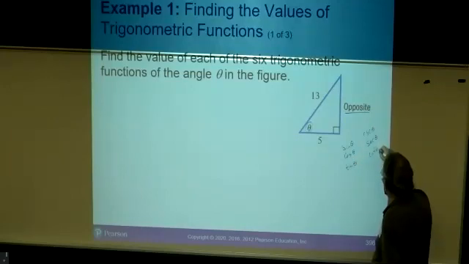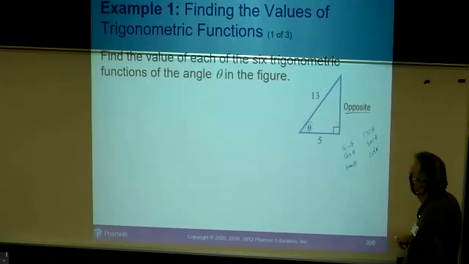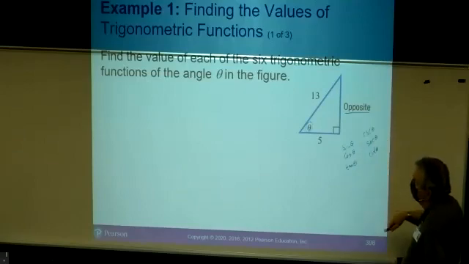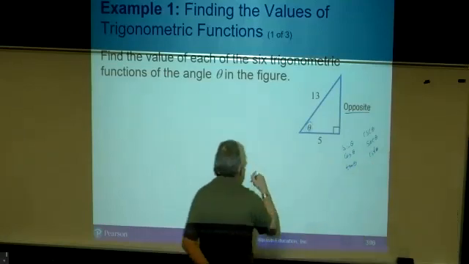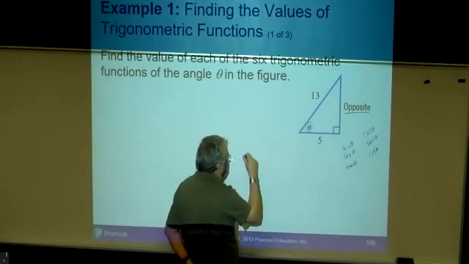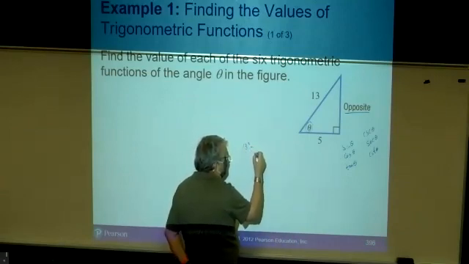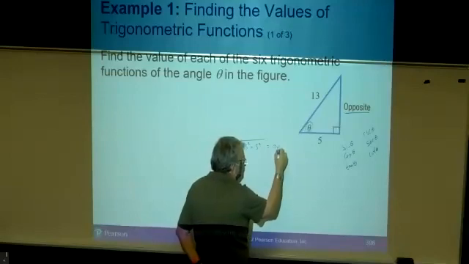And same thing with cotangent. It's going to be the reciprocal of the tangent. But first, we need to find out what this side is. So we use the Pythagorean theorem, and we know the hypotenuse and one of the sides. So we do the hypotenuse squared minus the known side squared, and we square root it, and that will give us the opposite side length.